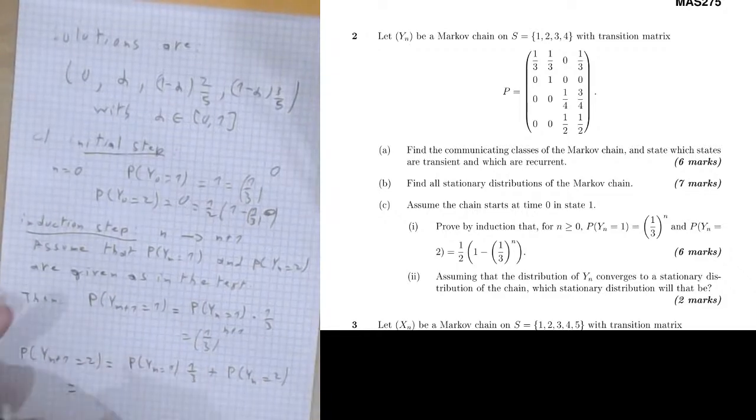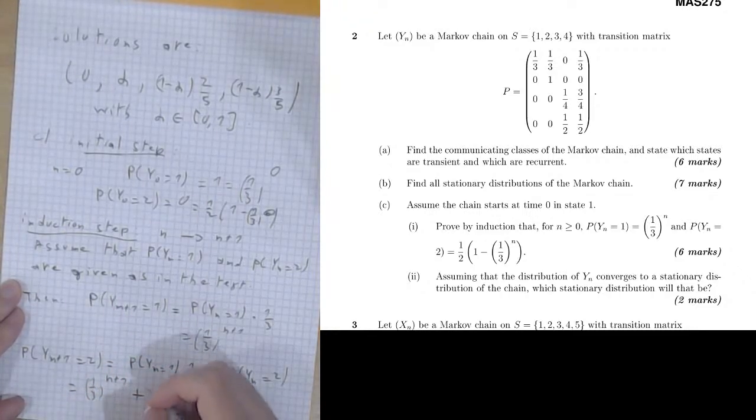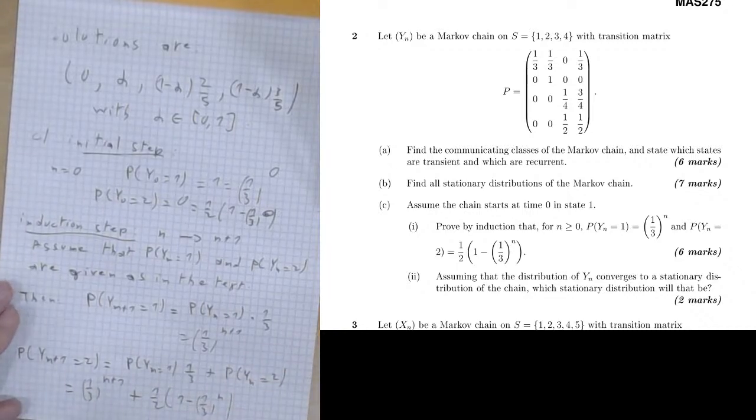So now you have to mess around with your formulas, but we get 1/3 to the n plus 1 plus half of 1 minus 1/3 to the n. And it should give us exactly what we want.